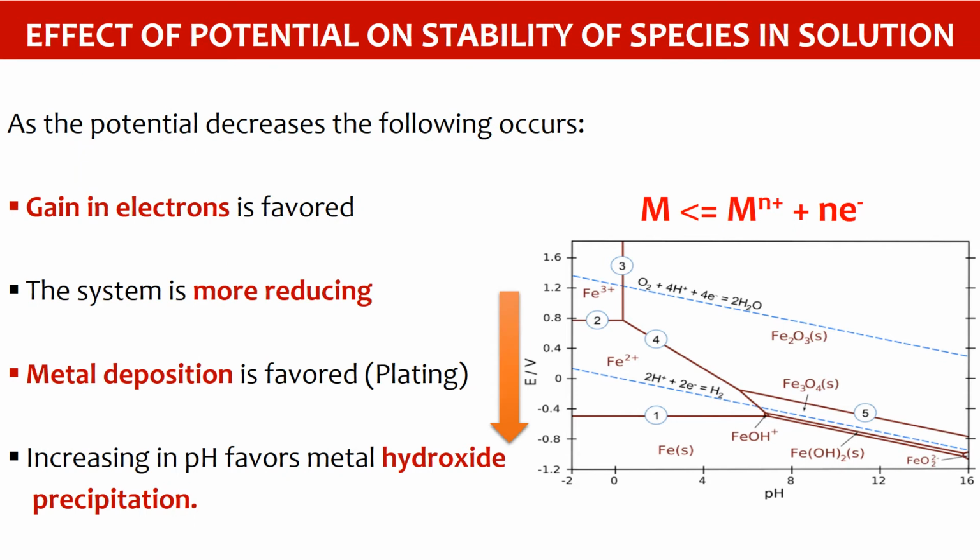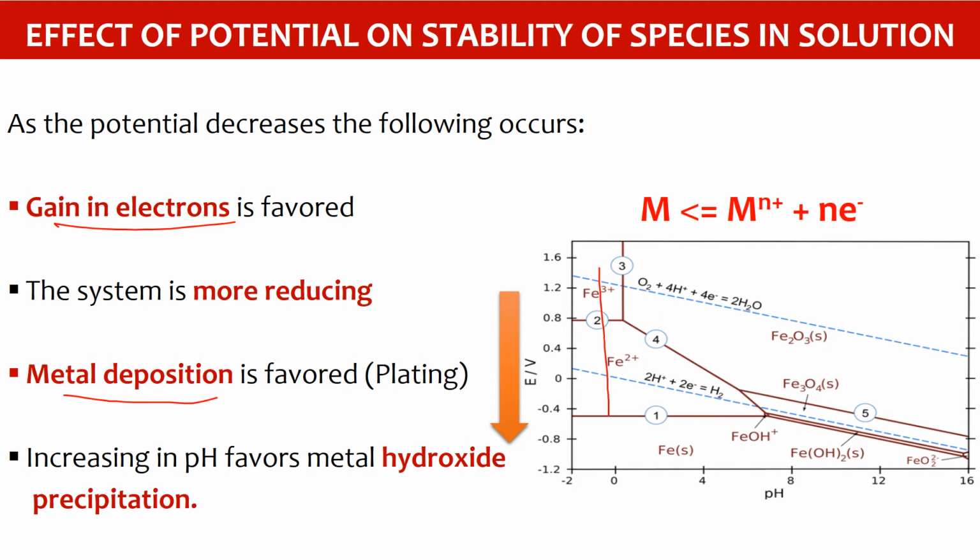How about if we reduce the potential? When we reduce the potential, the system is in more reducing conditions, and the gain of electrons is favored. So you are moving from your aqueous ions to your solid state, and metal deposition is favored.